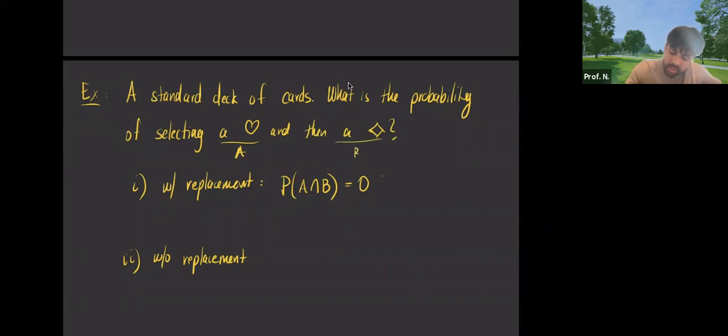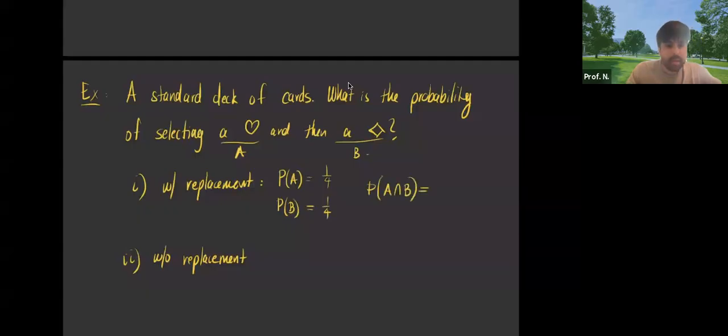So let's do this. What's the probability of A happening? It's a fourth. What's the probability of B happening? It's also a fourth, right? What's the probability that A and B happen? If I select A, and then B, what happens?